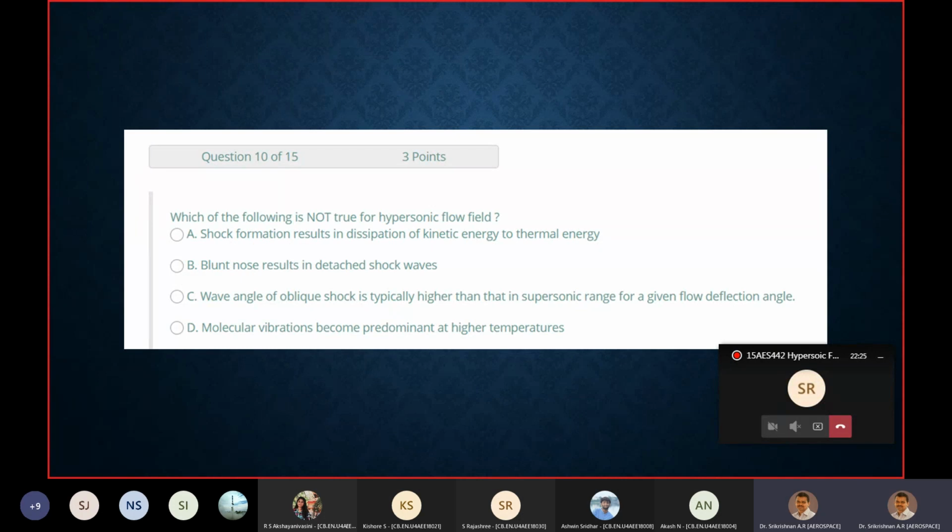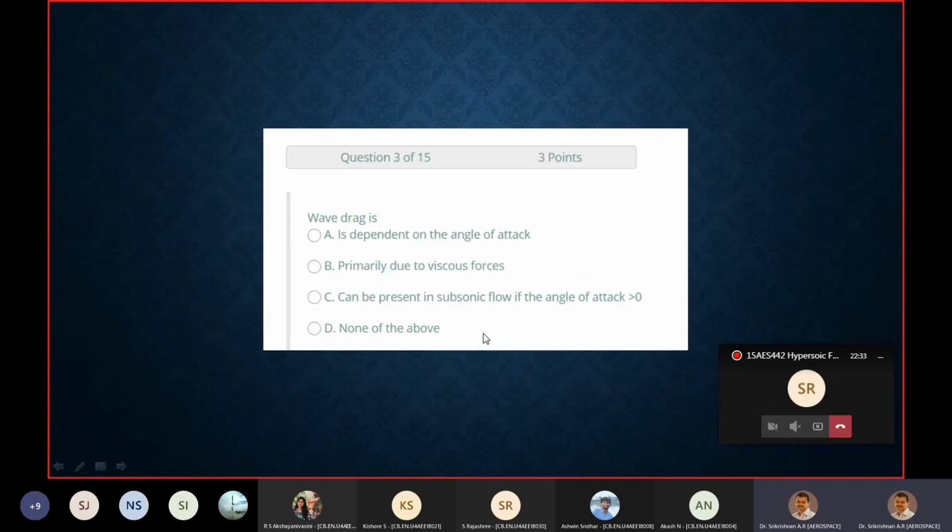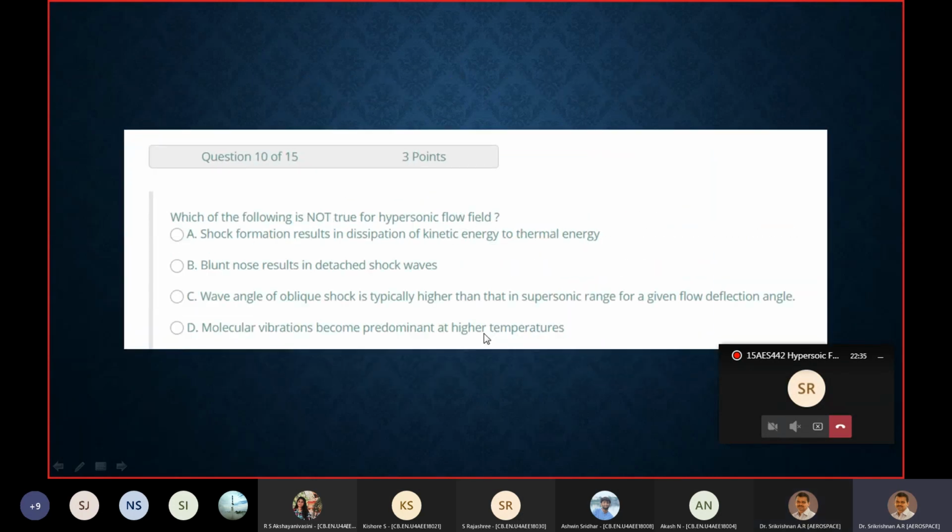Which of the following is not true for hypersonic flow field? I'll just go back to question 10, just below 80. Option A: shock formation results in dissipation of kinetic energy to thermal energy. This is correct, because any shock formation is a dissipation of energy.